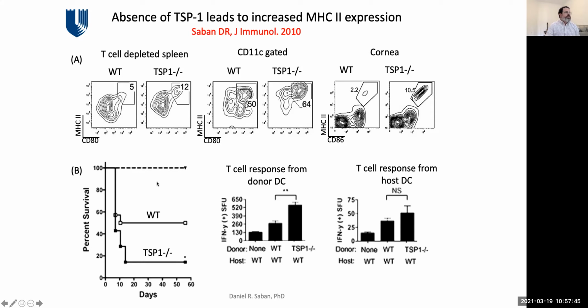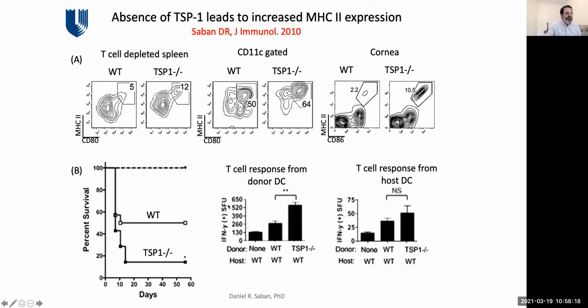When you do that, one finds that the thrombospondin knockout donor grafts reject at a much higher frequency, suggesting that this is playing a role in the resistance to MHC class II expression and mediation of subsequent activation of T cell responses in the lymph node that then mediate T cell graft rejection.